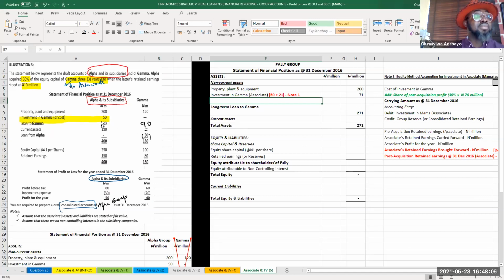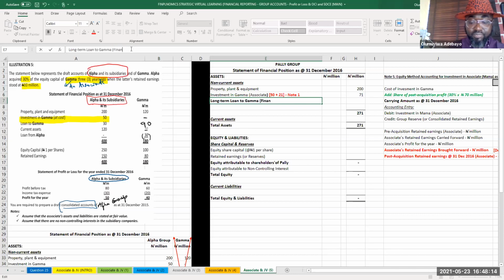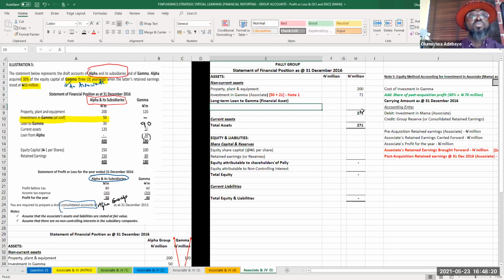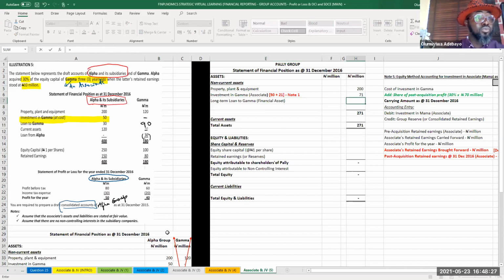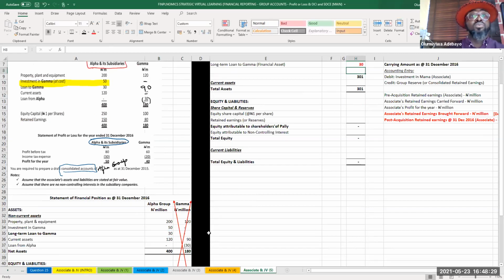Now, loan to Gamma, that one is still there as long term. This is a financial asset. How much is that? 30. That is that.